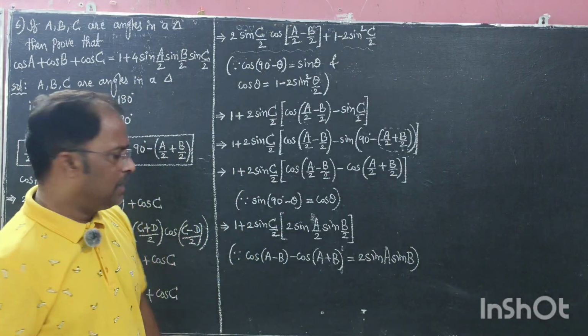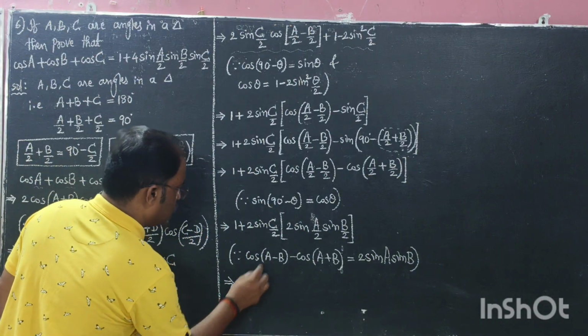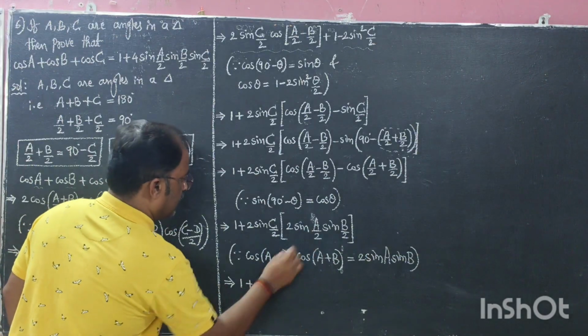Clear? And now the final answer is 1 plus 2 into 2 is 4.